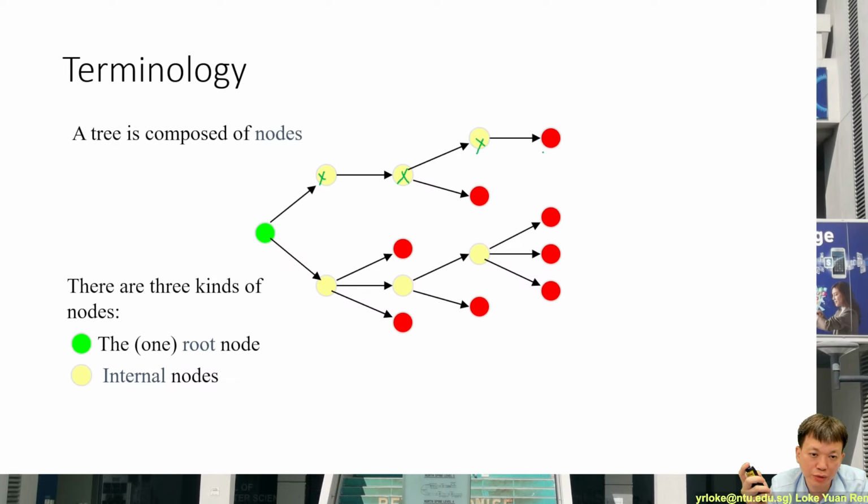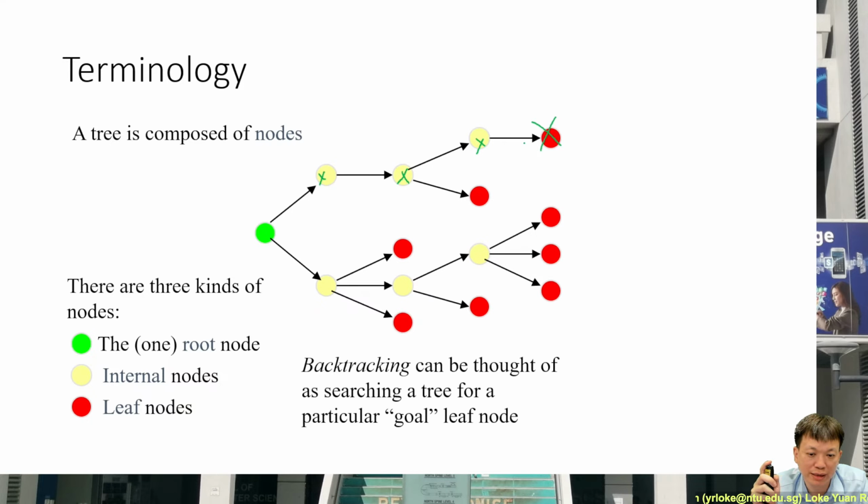You keep doing this. When you reach a certain point, you reach a so-called leaf node, or you find that there's no option for you to color further. That means it is not the solution. You have to backtrack until you reach the goal. The goal in this particular problem is to be able to color all the states.